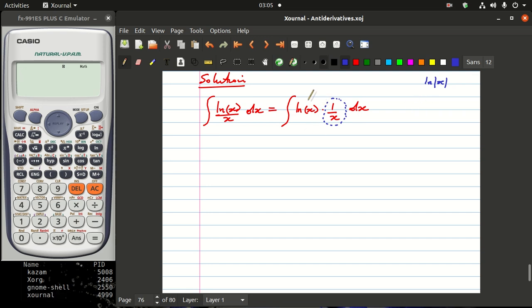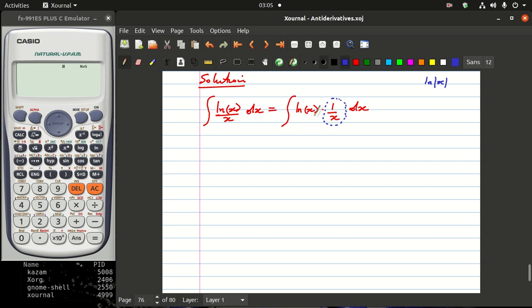Now, what is the antiderivative of this whole thing here? If you look in our integration table, we did not have that antiderivative. We only have the antiderivative of 1 over x, and we also know that the derivative of ln is that. That's all we know about ln. So we don't know the antiderivative of this particular function.